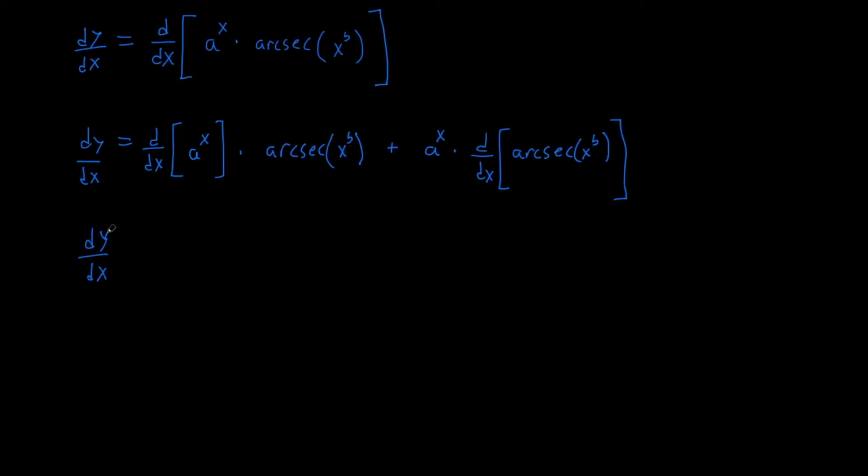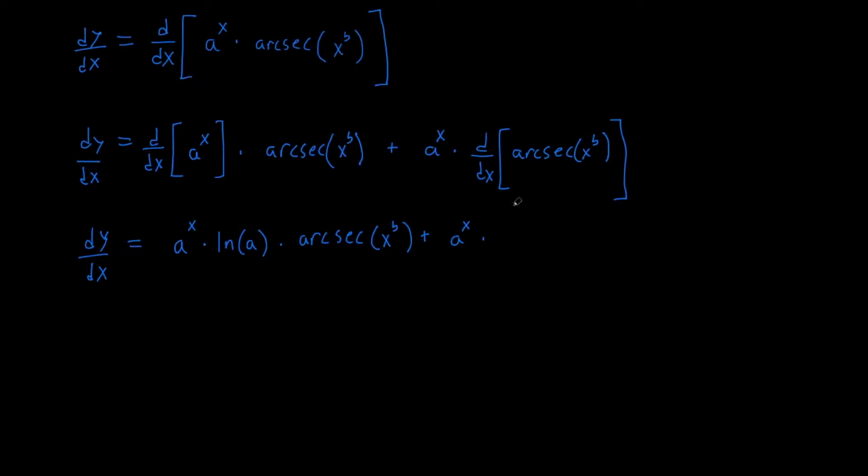So the derivative of y is equal to, the derivative of an exponential function is going to be a to the x times ln of a, and we're still multiplying that by arcsecant of x to the b, plus a to the x times the derivative of arcsecant of x to the b.